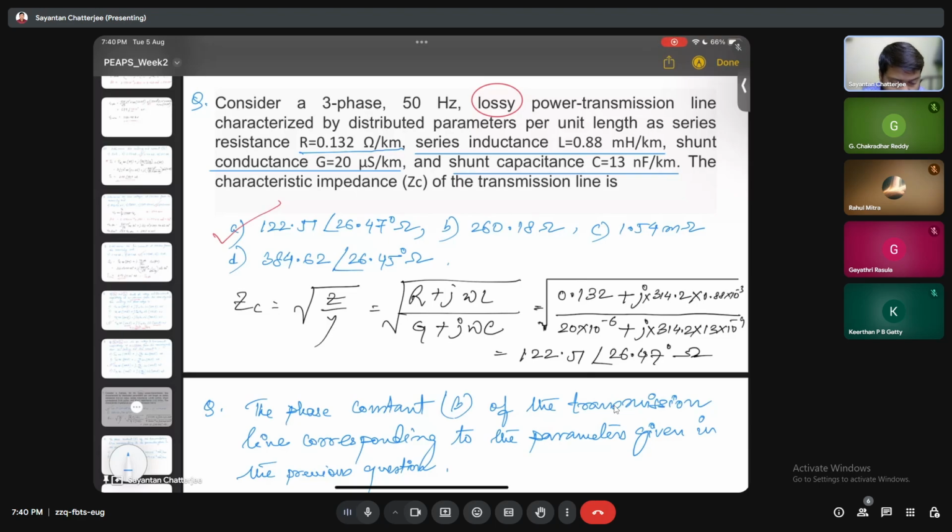So the question is lossy. So just keep in mind the factor lossy transmission line.